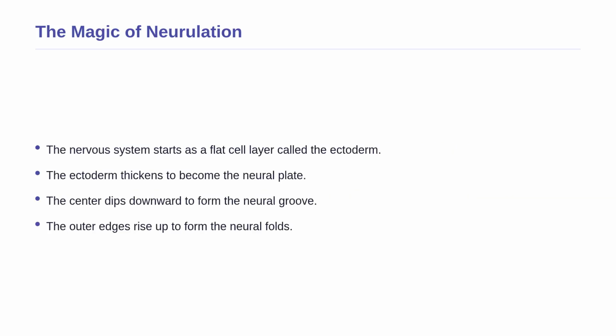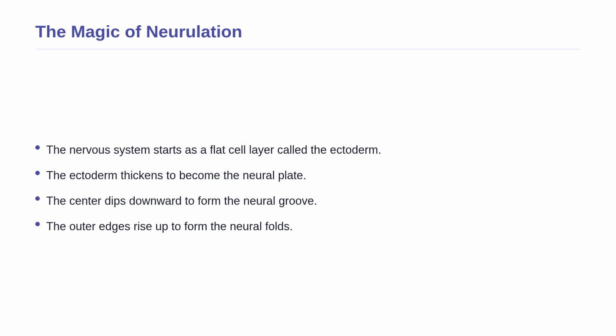To understand how the brain forms, we must first look at a process called neurulation. Why does this matter? Because before you had a face or a heart, your entire nervous system was just a flat sheet of dough-like cells on the embryo's surface.